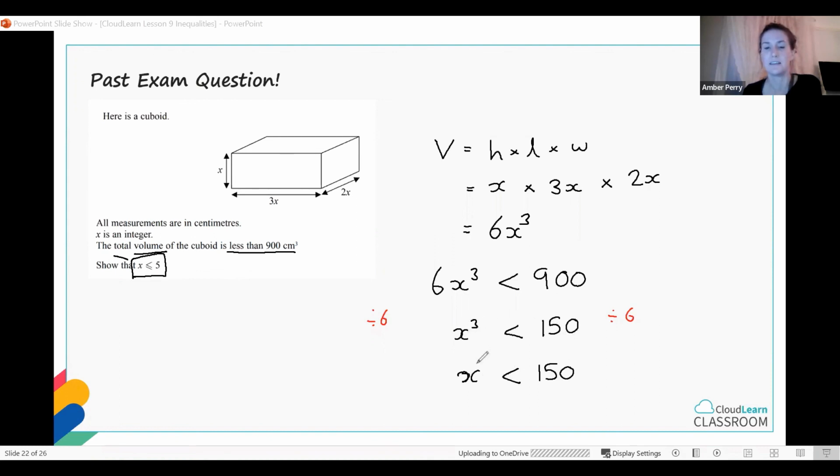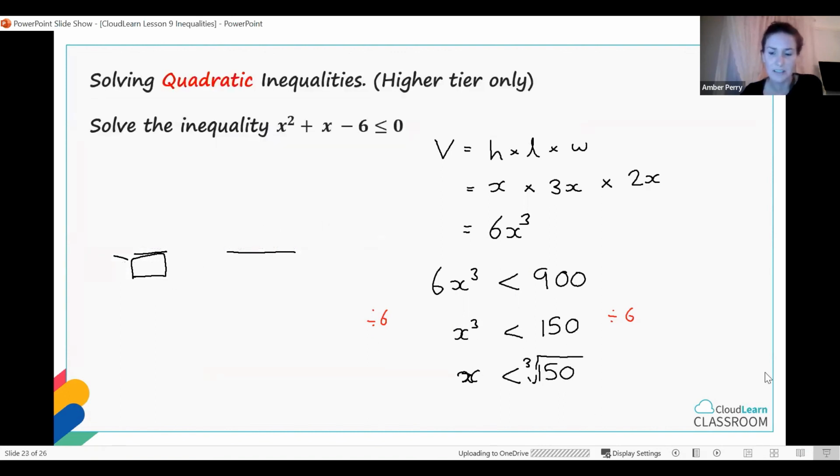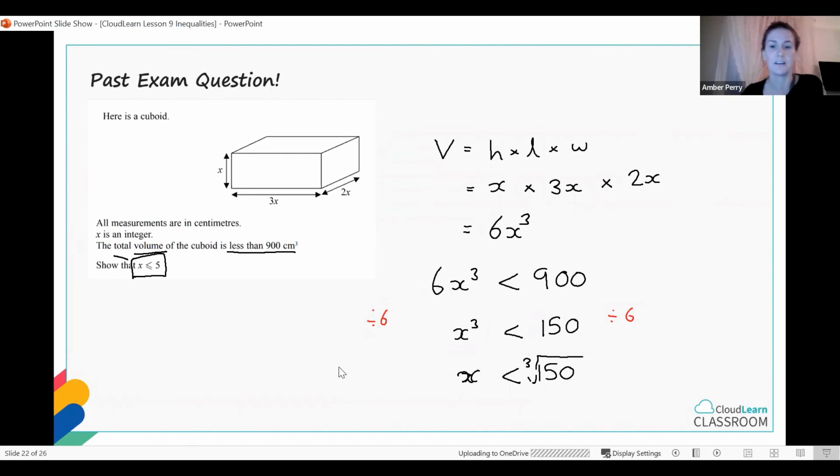And how do we take the inverse of a cube? It's a cube root. Okay. And all we need to do is show that the cube root of 150 is, sorry, my pen's going funny, is more than 5.